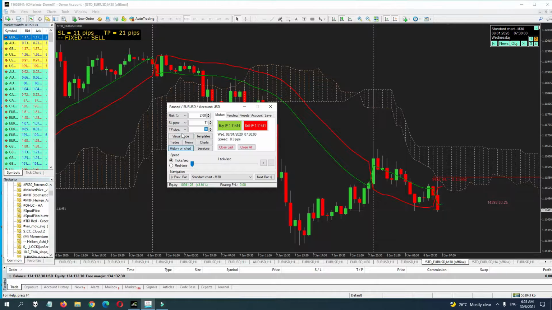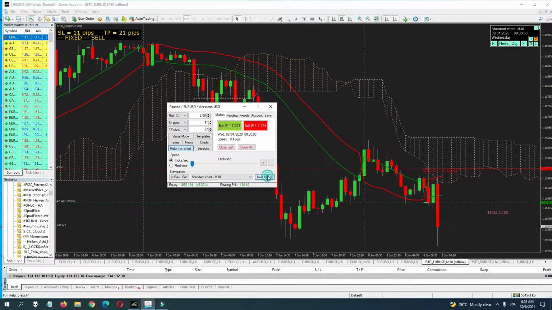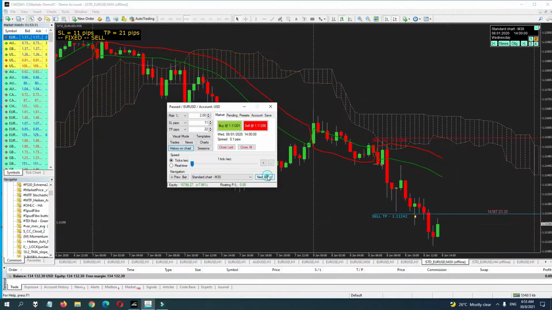All of the indicators, I'll post the link down below.